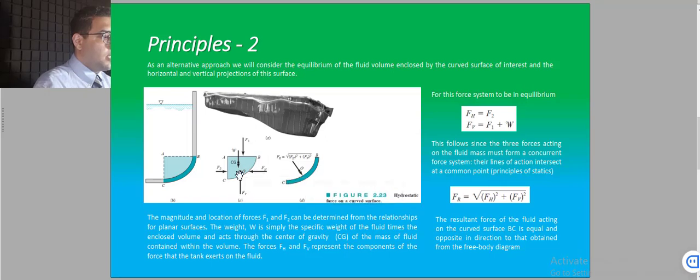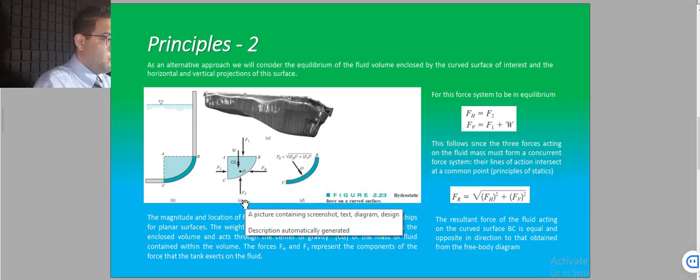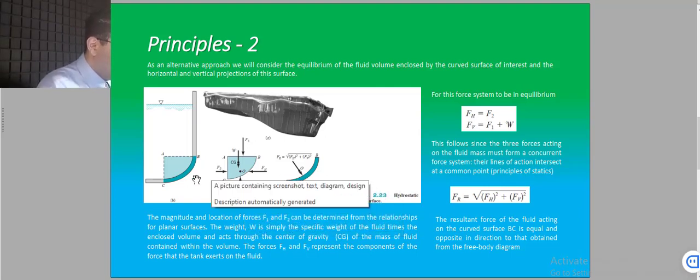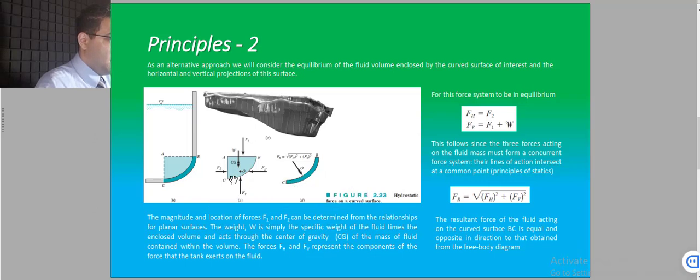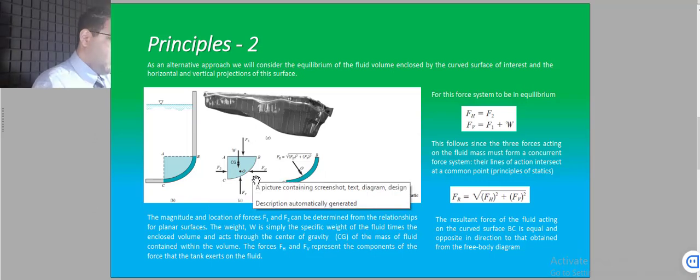There's a weight force on the center of gravity, and there's a vertical force at this side, and there are two other forces in this direction, which are horizontal force F2, and the vertical F1, weight, and Fv.